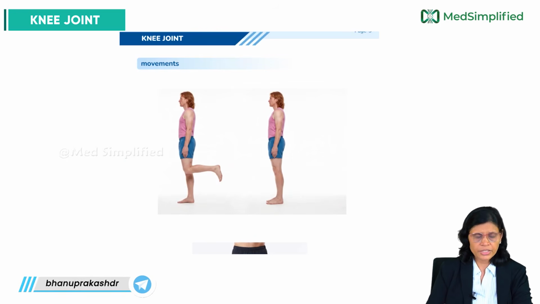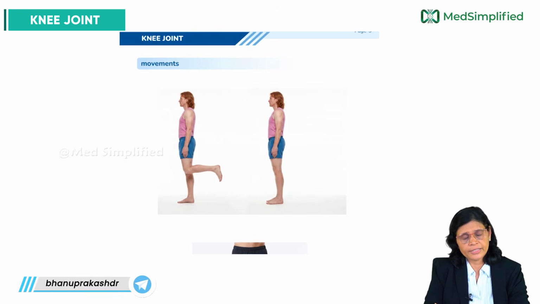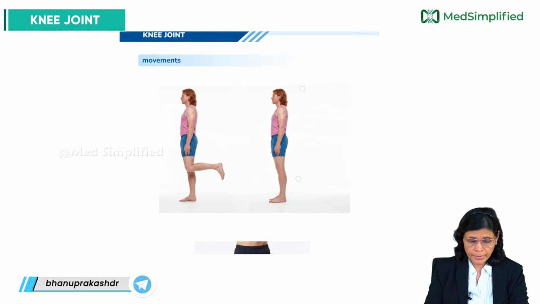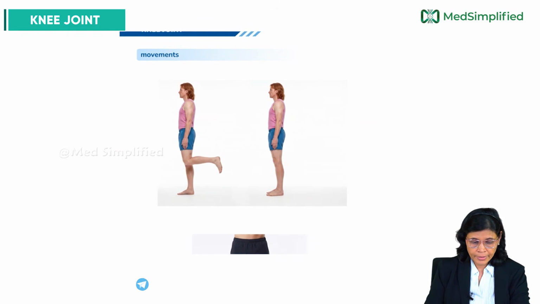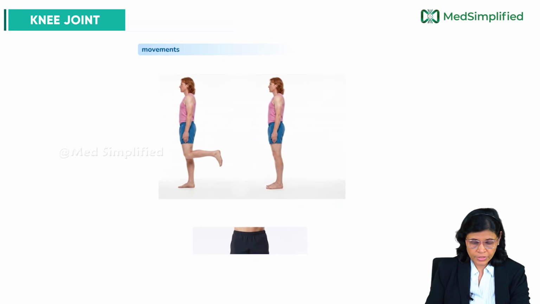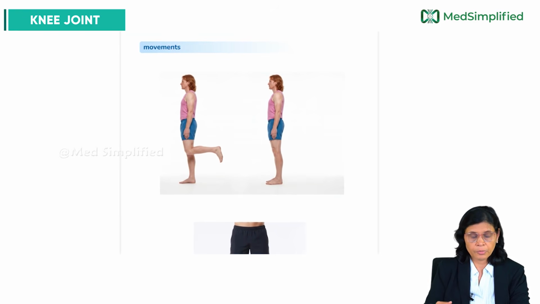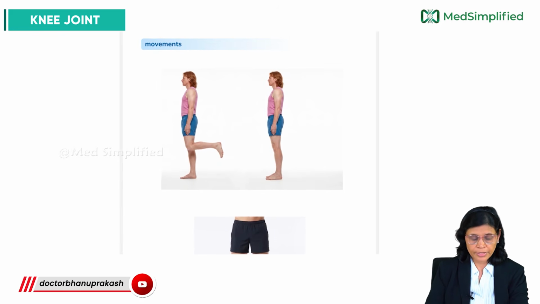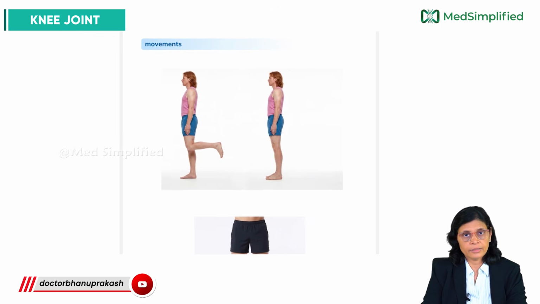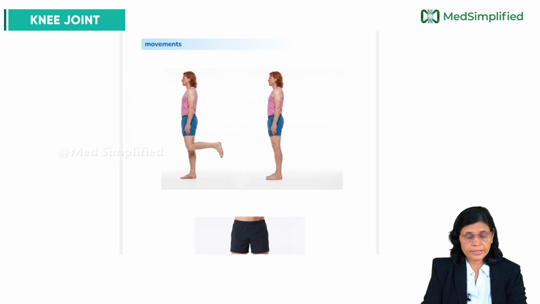So the blood supply of the knee joint: it has a very rich blood supply with the anastomosis between the branches of the popliteal artery, which gives all these genicular arteries. The circumflex branch of the posterior tibial artery also will give branches which will anastomose around the knee joint and supply the joint.